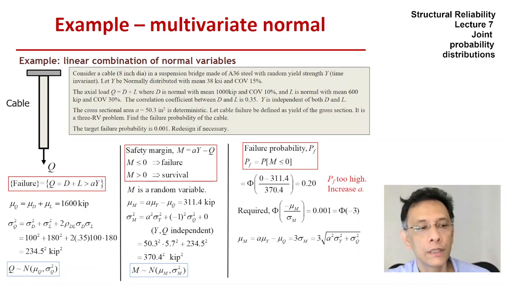And if we go through the algebra, we have one quadratic equation in terms of A, and if we solve this, the feasible solution is 84.3 square inch. So it goes up from 50.3 to roughly 84.3. So that would be the answer.